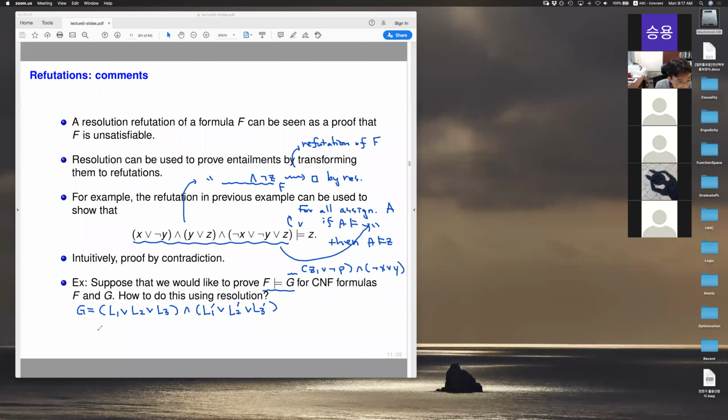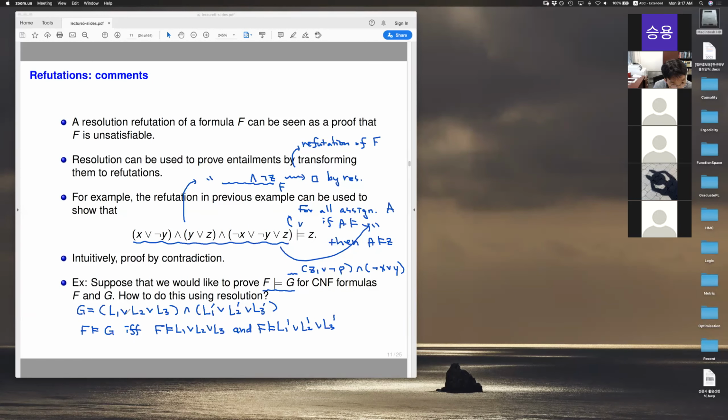So one thing you can do is: F semantically implies G is identical to F semantically implies L1 or L2 or L3, and F semantically implies L1 prime or L2 prime or L3 prime.